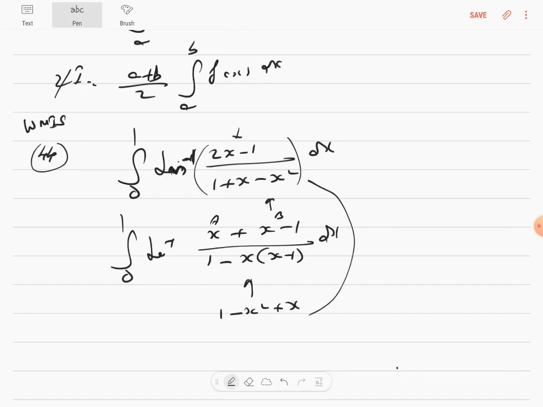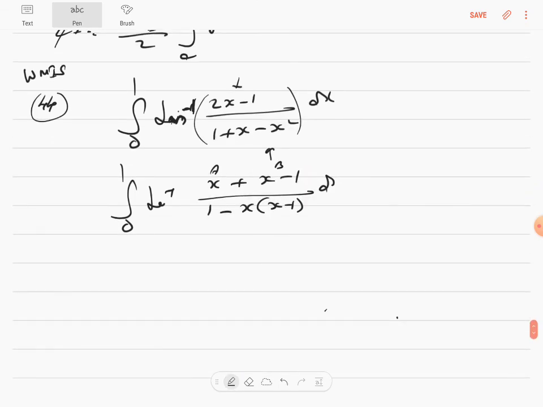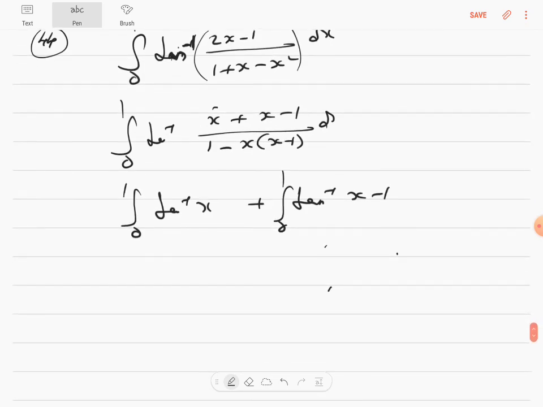Can you see this denominator is the same? So it's okay to write it like this. How would you know it? You know (x plus x minus 1) by (1 minus x into x minus 1), which is tan inverse of the x plus y by 1 minus xy format, which is tan inverse of x plus tan inverse of y. So this itself is tan inverse of x plus tan inverse of x minus 1, 0 to 1 and 0 to 1.